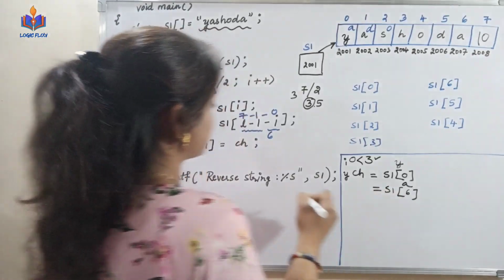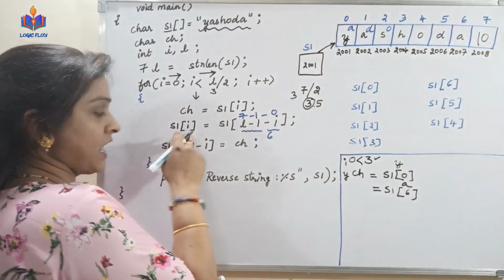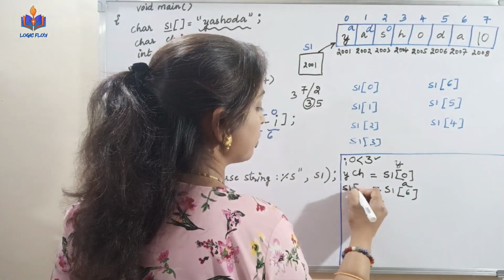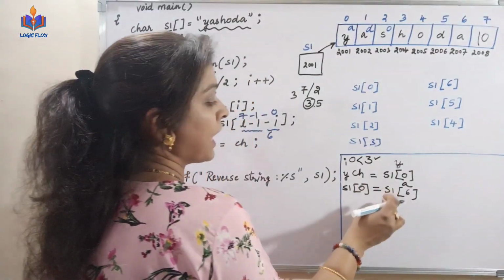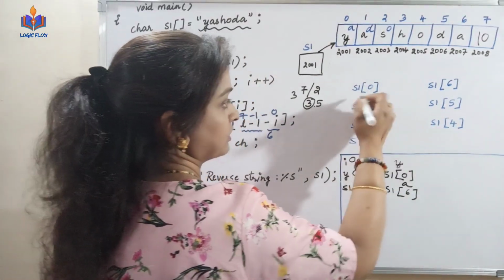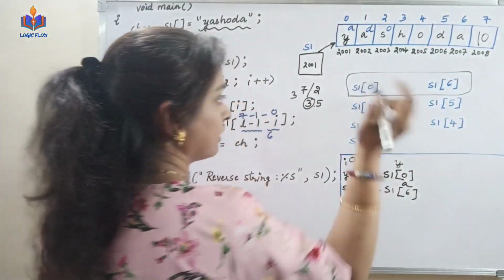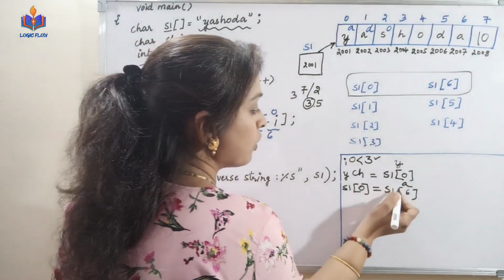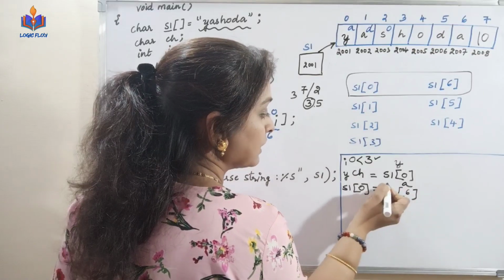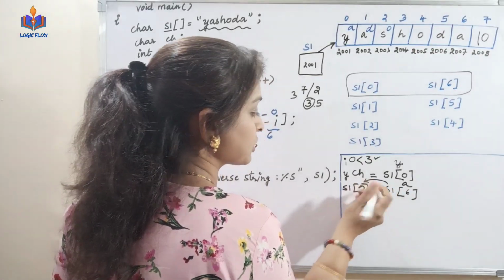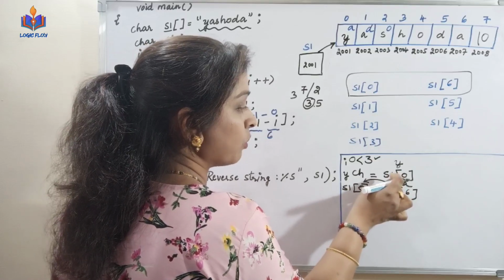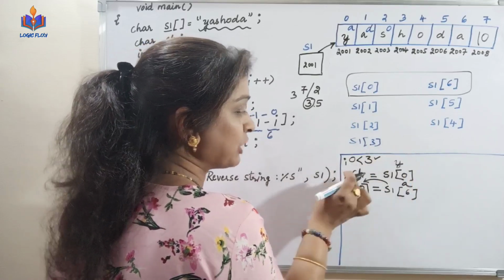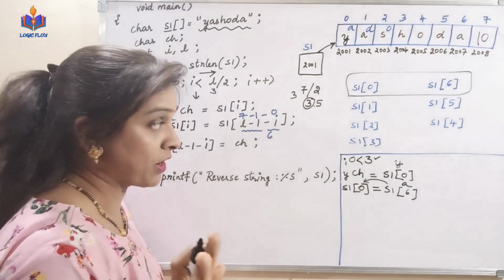That I need to store into S1 of I. I is 0. So S1 of 0, I am getting S1 of 6. That is what this first line is doing, right? So S1 of 6 is A. That I need to store into S1 of 0. Whatever I had in S1 of 0, I have already taken a backup of that into CH, so I need not worry about it.